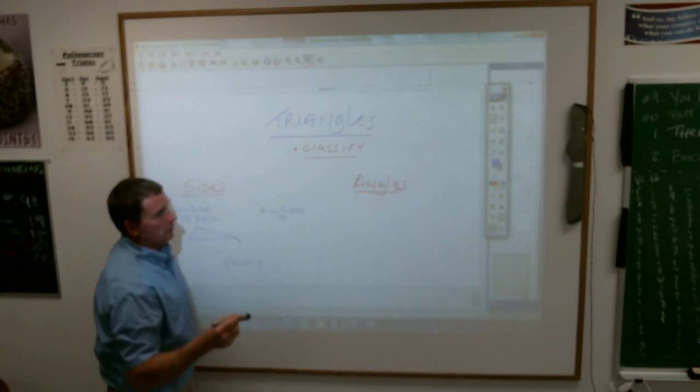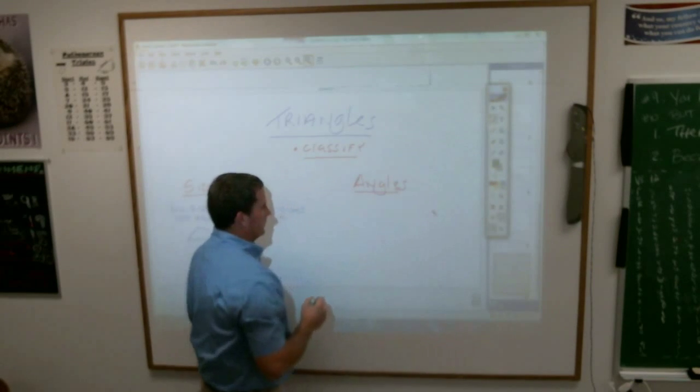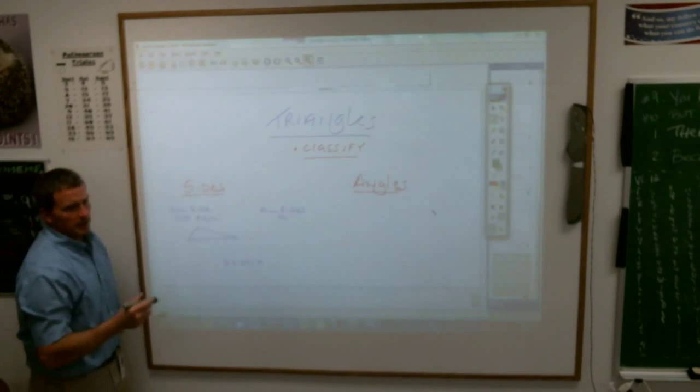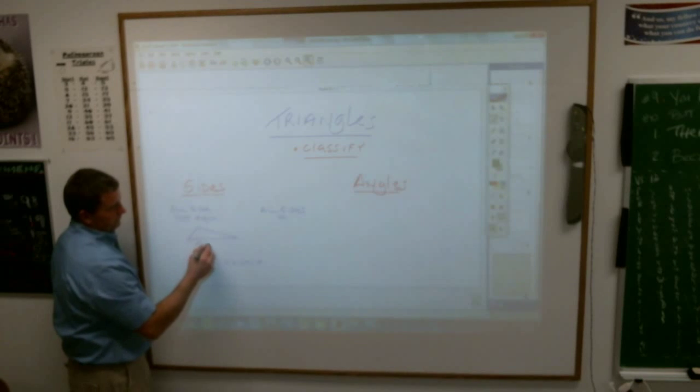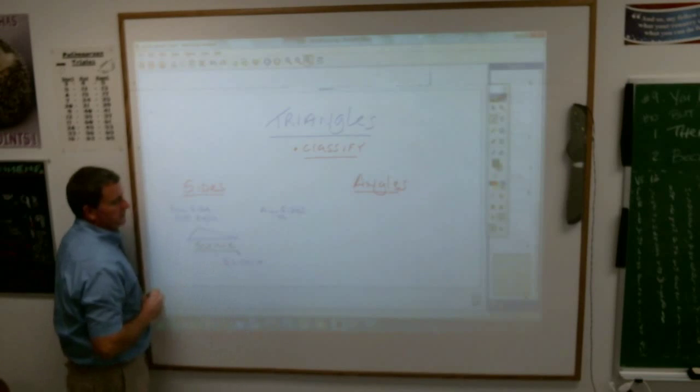Okay, no sides equal, which is a better way to say this, looks like this. If no sides are equal, that is called a, somebody? Rhymes with Kayleen? Scalene. No sides equal is scalene.